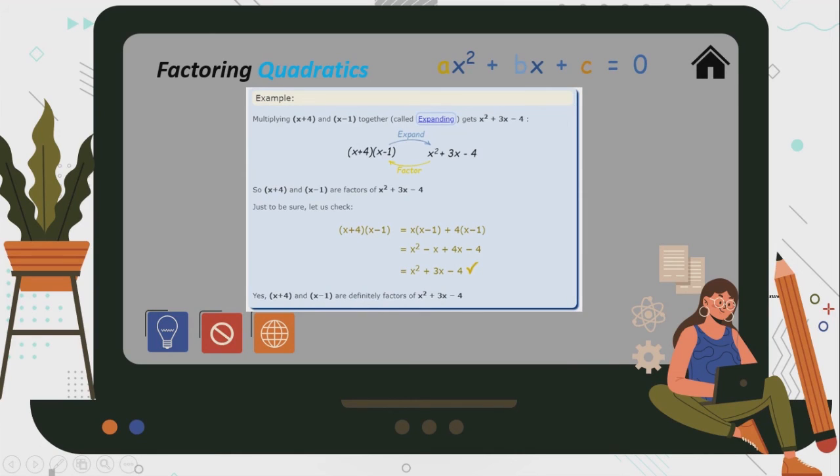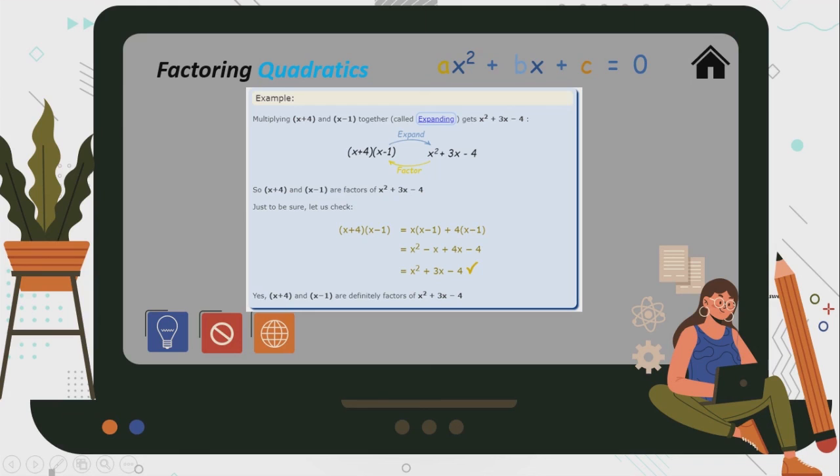Okay, some examples. Multiplying (x plus 4) and (x minus 1) together, called expanding, gets x squared plus 3x minus 4. Okay, we can expand and factor. (x plus 4)(x minus 1) expands to x squared plus 3x minus 4.